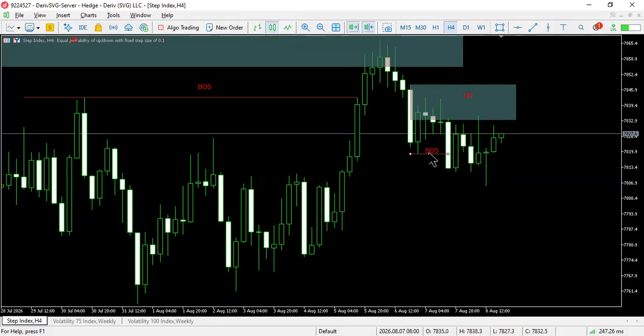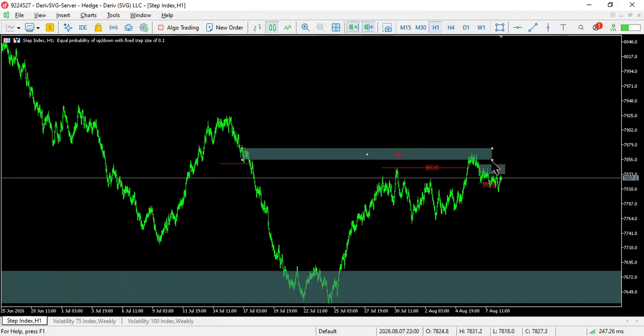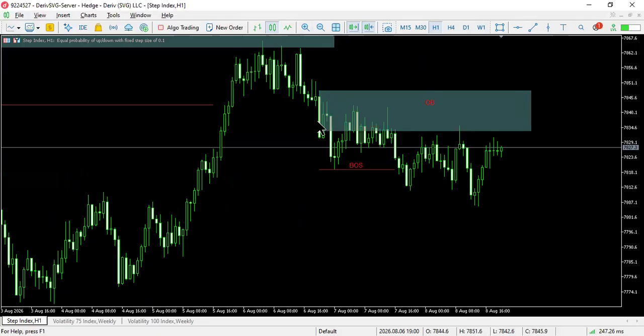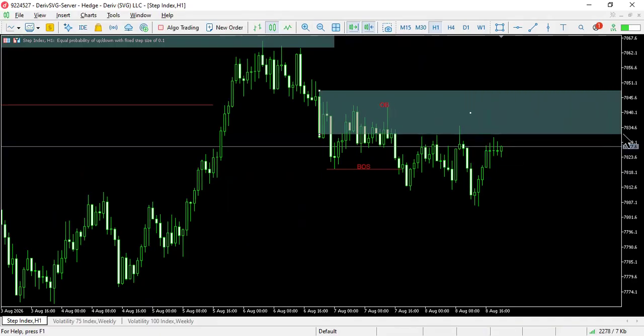Heading over to the 1 hour time frame, we have price reacting from this order block.